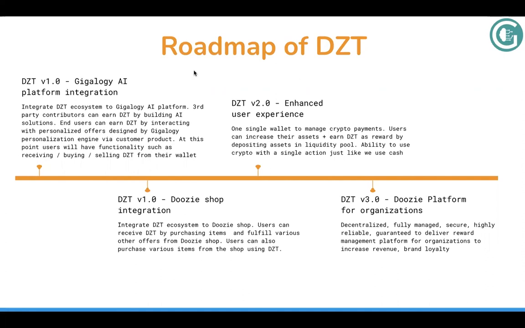So if somebody asks us a question, pointing out that this particular nature of Doozie token might be in a gray area as a security, then we will be able to explain to them. And we have no intention to make it a security. Our entire intention is to solve a problem we have in our hand with the power of blockchain, and we thought that this is the best way to solve it. So if someone points out that question, I think we are ready to answer them immediately.